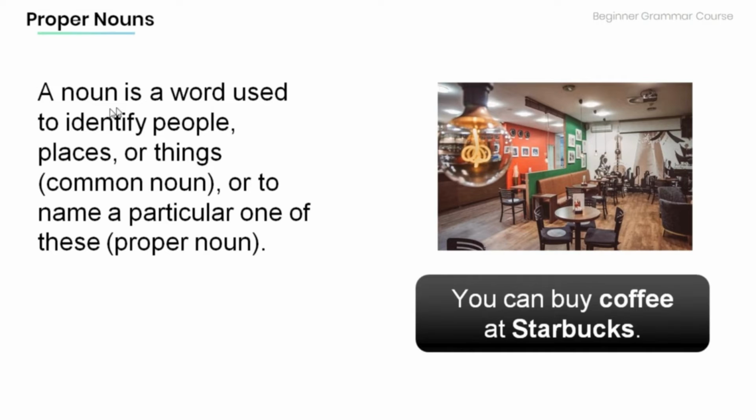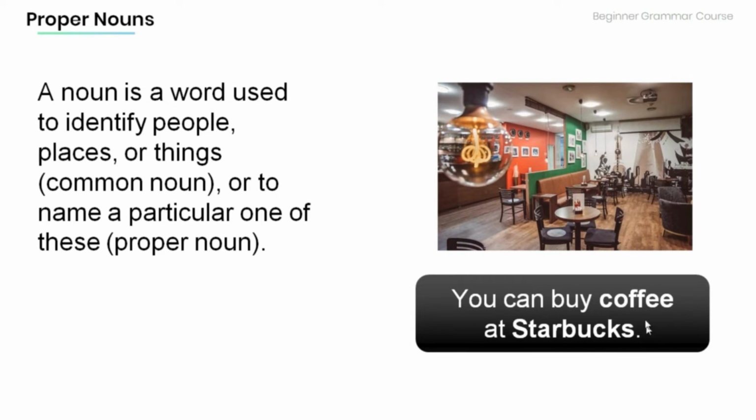Now, a noun is a word used to identify people, places, or things. These kinds of nouns are called common nouns. Or, a noun is a word used to name a particular one of these. And those kinds of nouns are called proper nouns. For example, in the sentence, you can buy coffee at Starbucks.